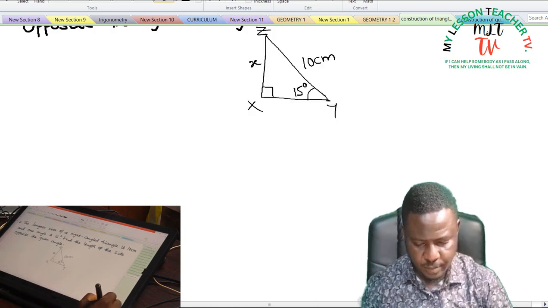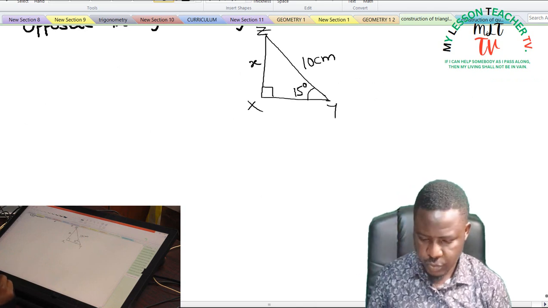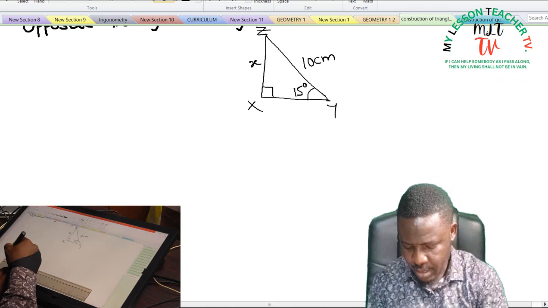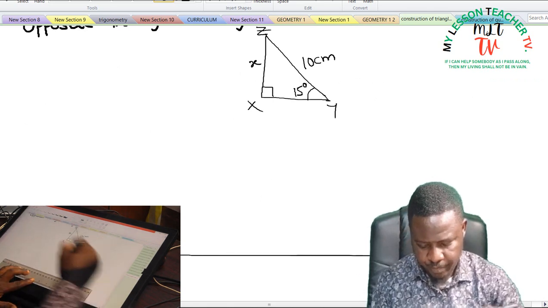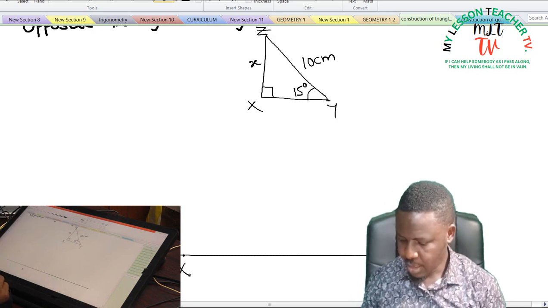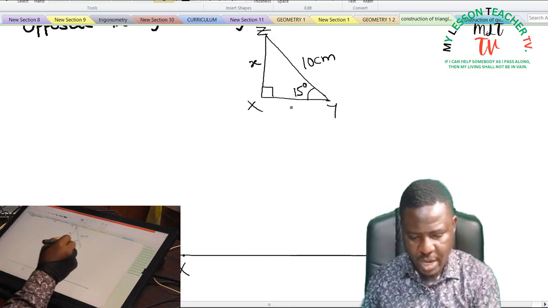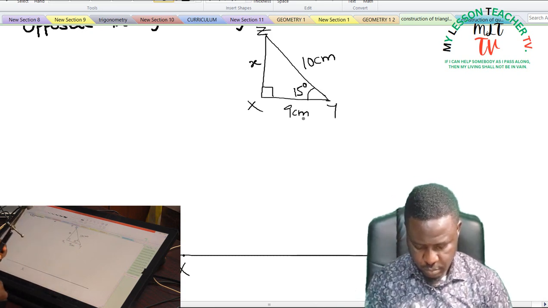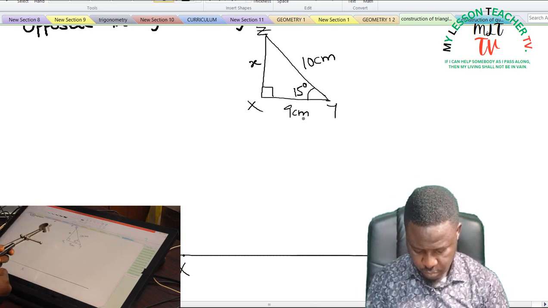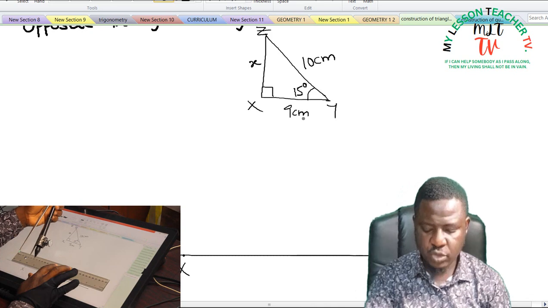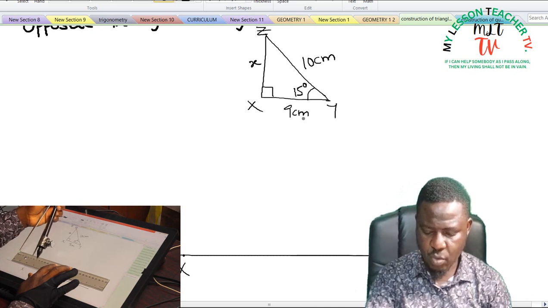So let's construct. I'm going to draw my line, pick a point, call it X, and let's construct XY 9 cm. You may decide to use 5 cm or whatever.